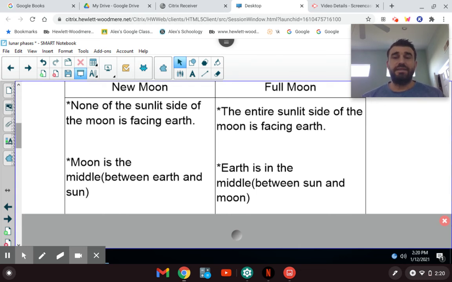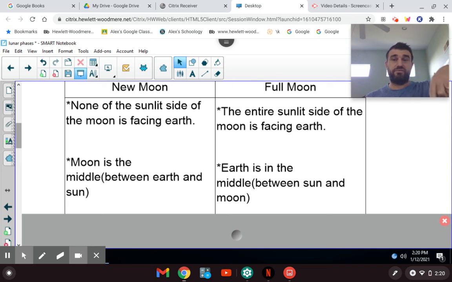Please try to avoid saying in front or behind. There's no such thing as in front or behind in space. You can always change your perspective. Okay, I can always give you a diagram with the sun on the left. I could just turn the diagram, put the sun on the right. And also you should never want to say in front or behind because Earth's always rotating.